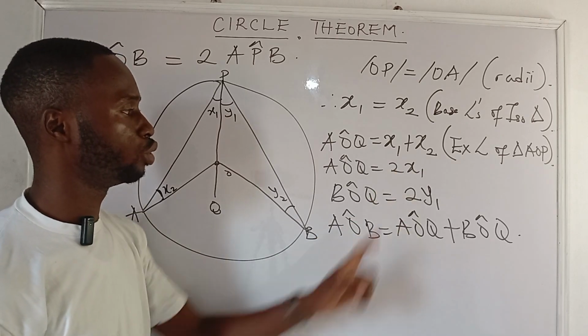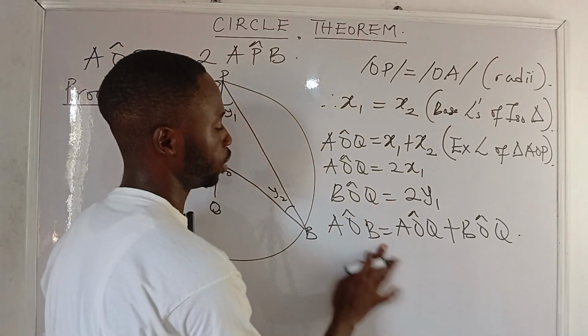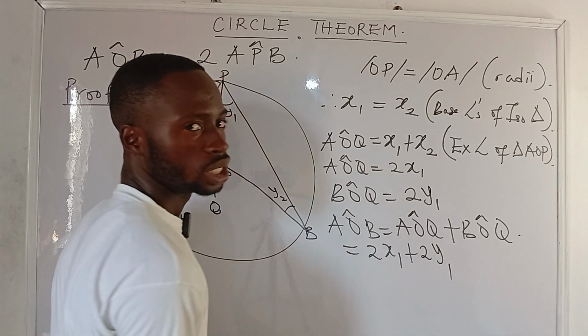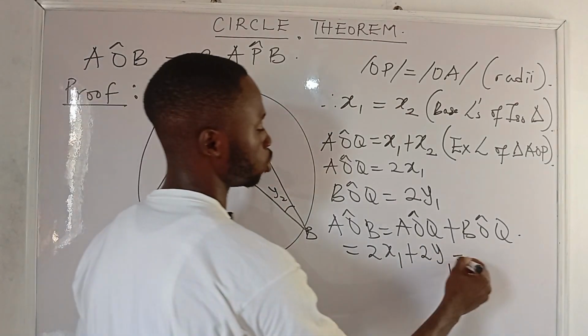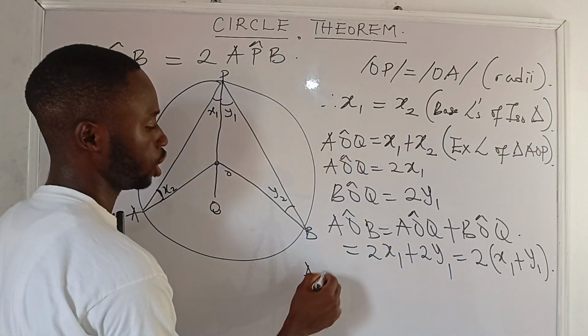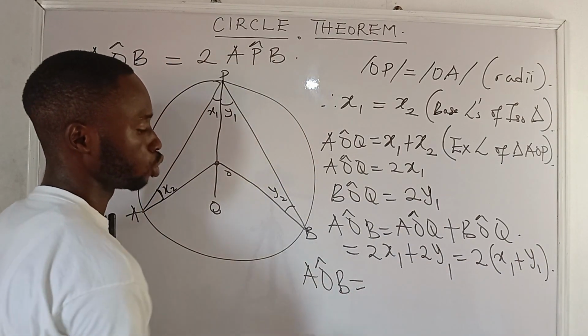We already know AOQ as 2x1, plus BOQ as 2y1. If we factorize, we have 2 into x1 plus y1. Therefore AOB is equal to 2 times x1 plus y1.